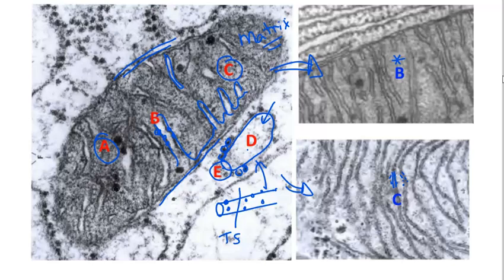And of course, B is pointing to the matrix of the mitochondria. We can see the outer membrane here. We can see the folds of the membrane showing the cristae, but the inner content is the matrix. In this image here, we have an image of rough endoplasmic reticulum with the tubular system of the reticulum with ribosomes stuck around the outside.